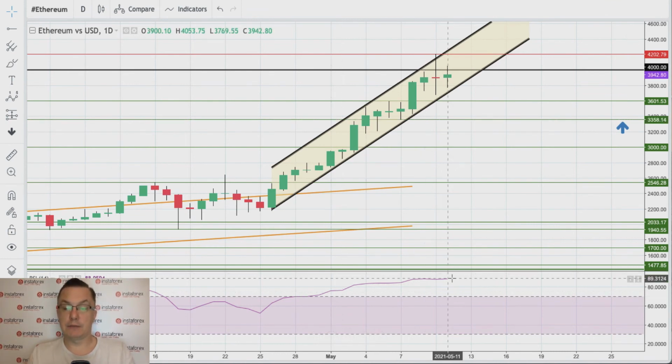Right now the RSI 14 is at 90 points, which means the market is extremely overbought.